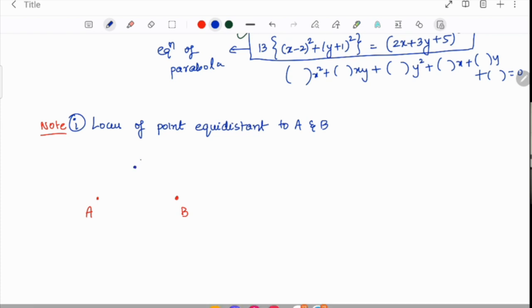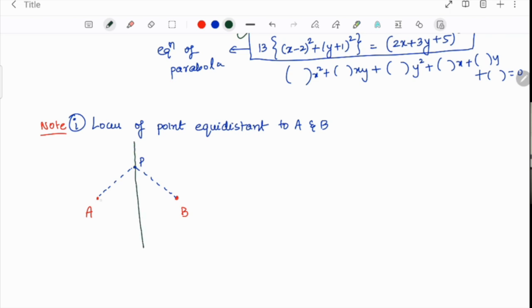Okay, what I need is to collect points whose distance to A and distance to B is the same. If I collect such points, that would be the perpendicular bisector of the line segment AB. So this AB line segment is there, no? It's the perpendicular bisector.